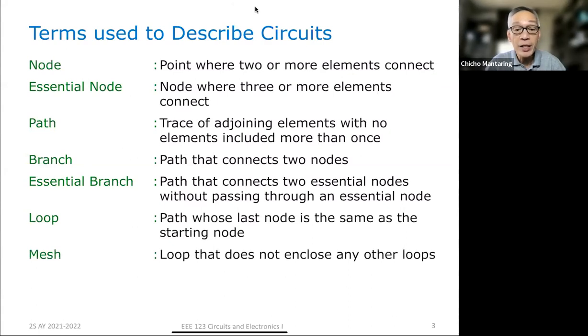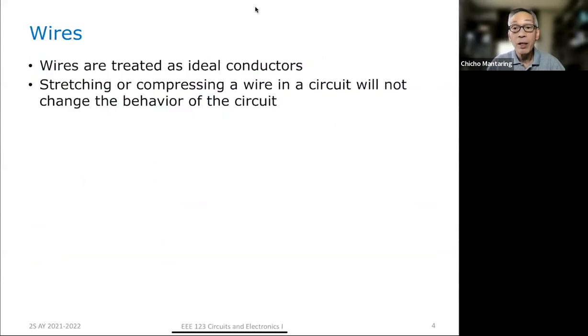And finally, a mesh is a loop that does not enclose any other loops. So these are the terms that you're going to encounter: node, essential node, path, branch, essential branch, loop, and mesh.